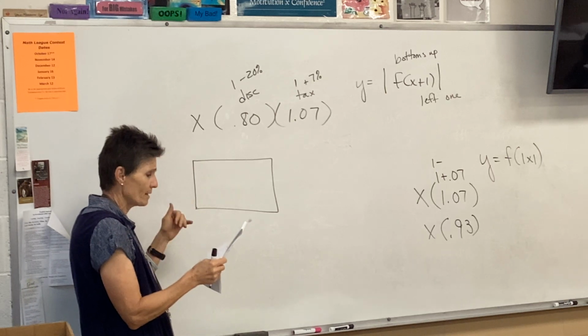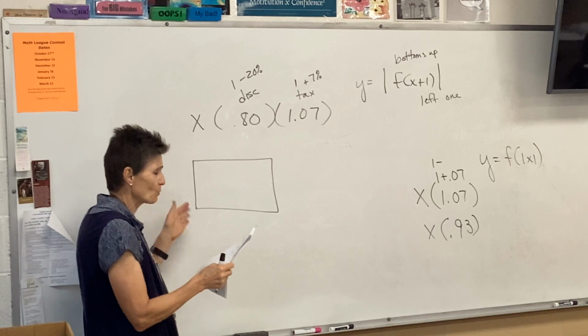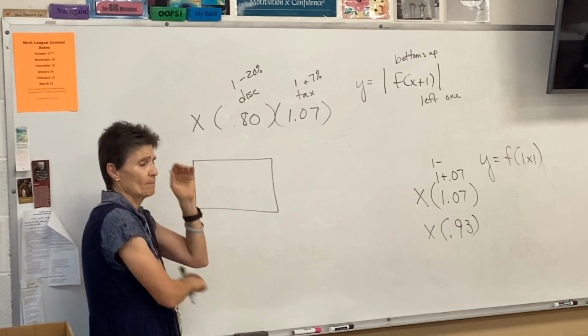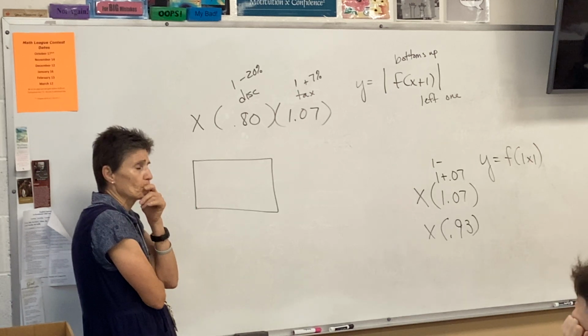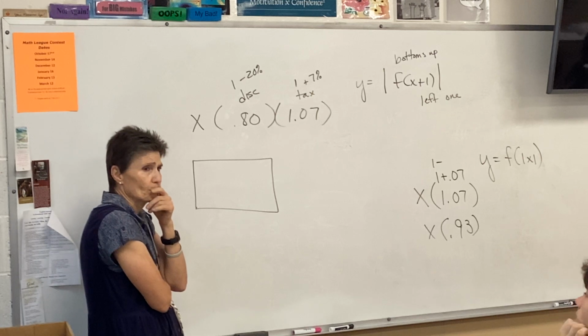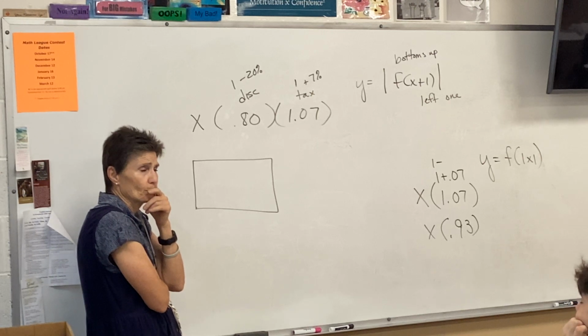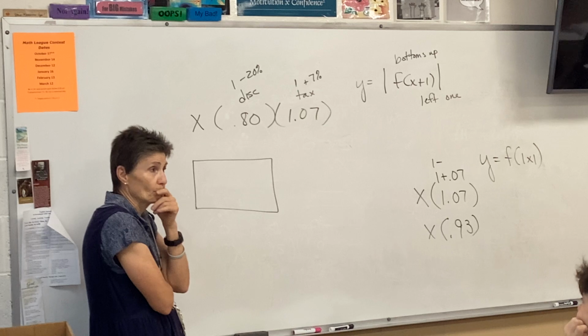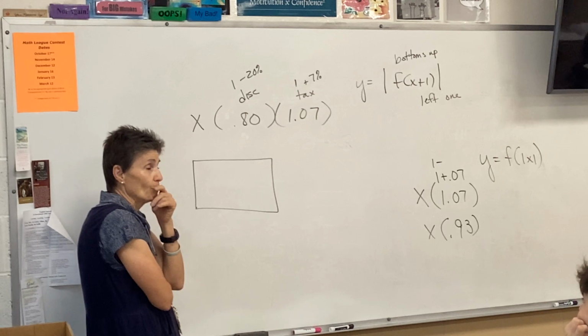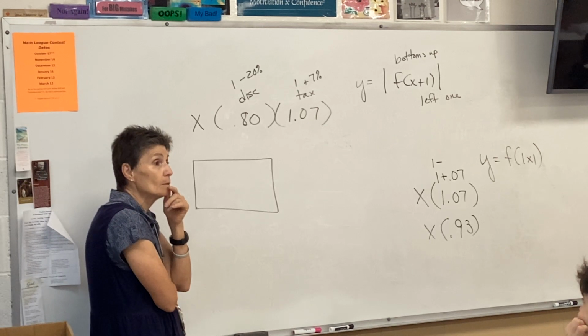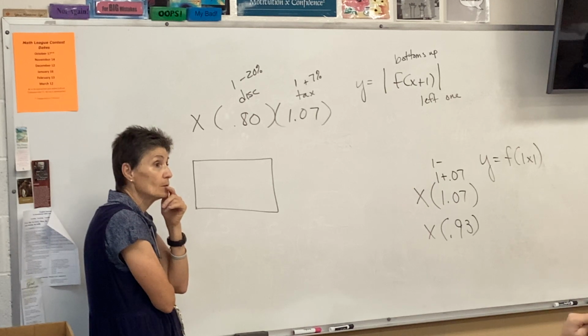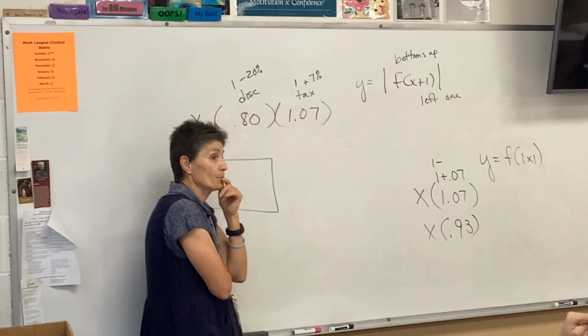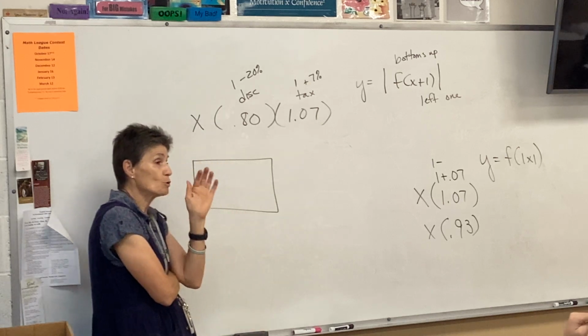If the width is 3 less than the length. The width could be like 5, and then the length could be 2. Oh no, the other way around. The length. Yeah, so those would be actual numbers.